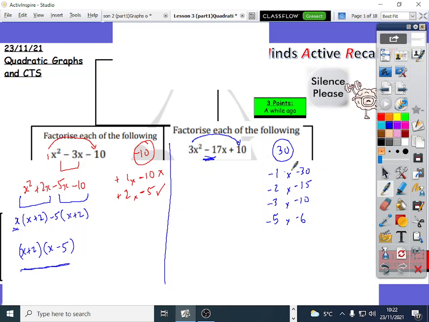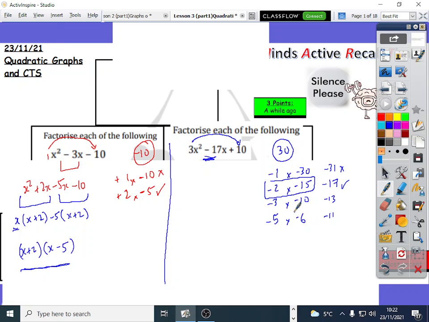And then I'm going to add them up on the side to see which one will give me minus 17. Well, this one gives me minus 31, so it's not that. This one gives me minus 17, so I know it's that. There will only be one combination where it will work. This one will give me minus 13, and this one will give me minus 11. So that is the only combination that's going to work.